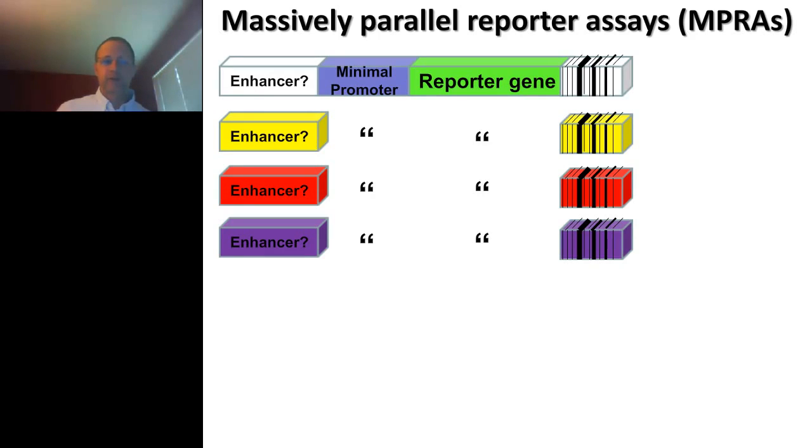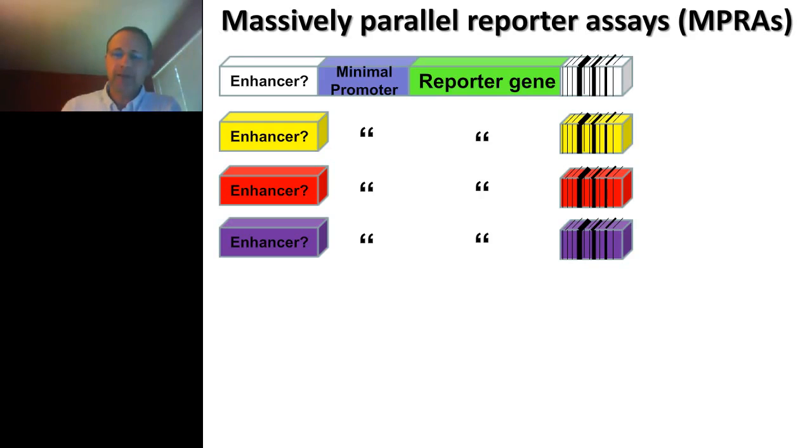So when you build the library, you know which barcode goes with what enhancer. You can clone thousands of enhancers and thousands of barcodes, know which one they are, and your readout can be RNA, whether that barcode is being expressed.